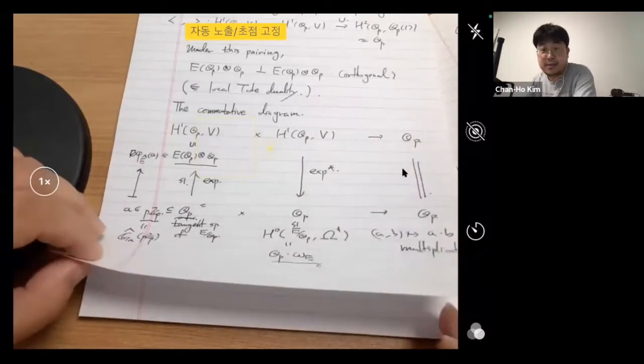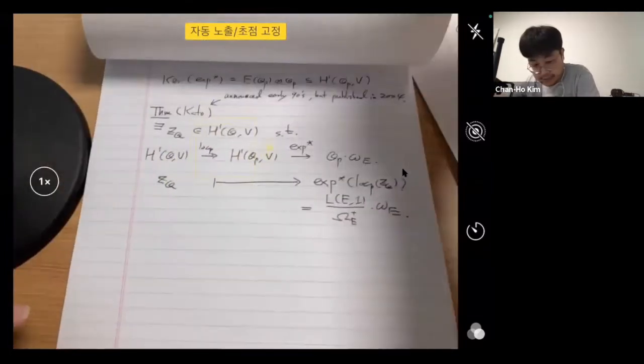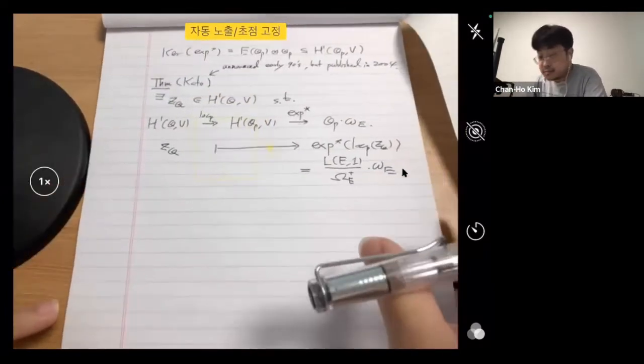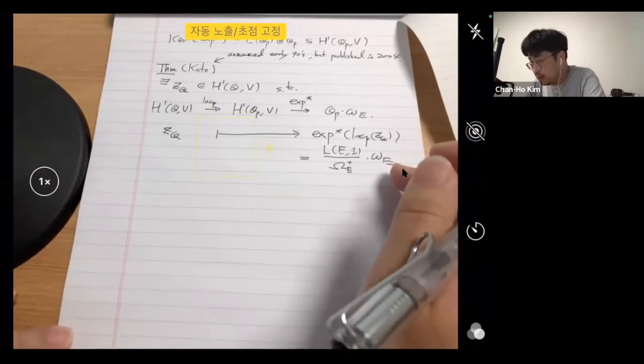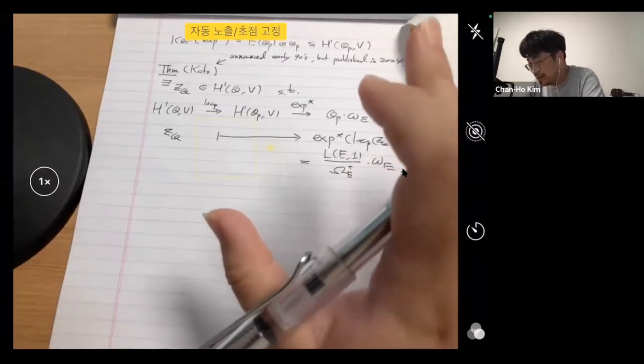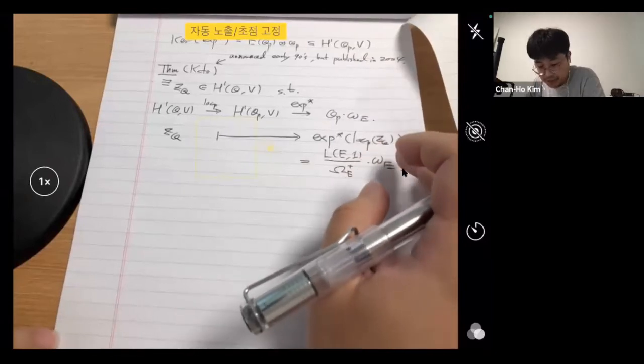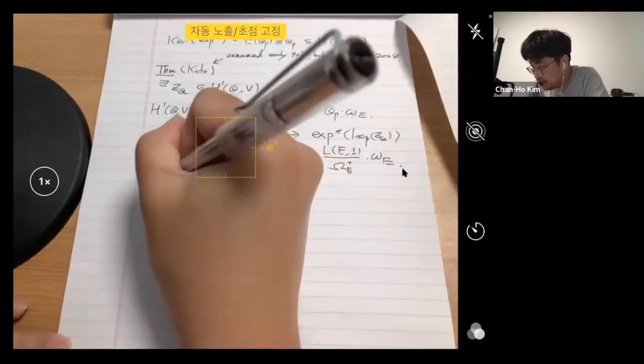Okay, now. Kato, anyway, Kato constructed this z_Q, then with this element, what can we do is the first corollary.